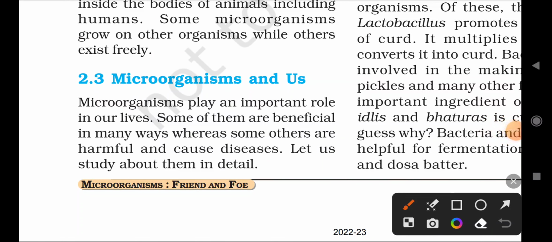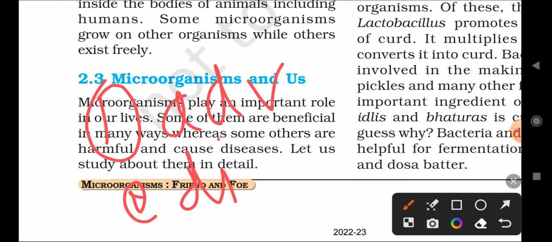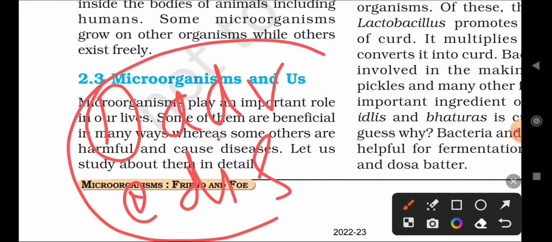So, microorganisms and us: what is the relationship between microorganisms and us? There are two possibilities. One is the advantage, another is the disadvantage, right? Every aspect has two options, an advantage and a disadvantage.